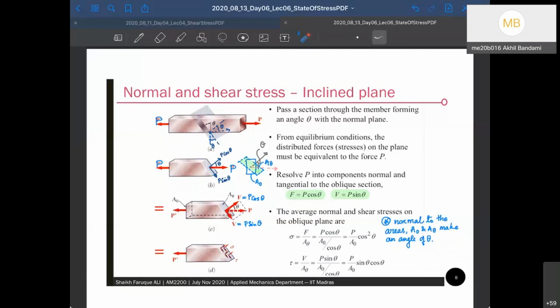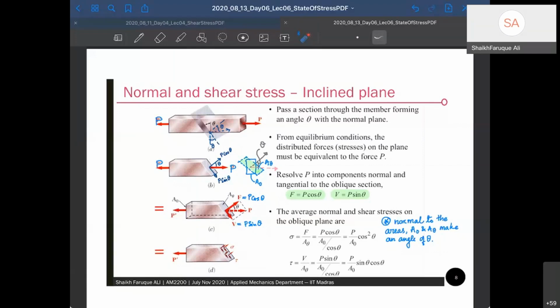Akhil, it might decrease, it might increase. We'll talk about this. In some cases it will decrease, in some cases it will increase, based on what angle of inclination you are taking. It will be more clear in the next class when we do stress transformations, at what angles it will increase and at what angles it will decrease. But yes, it can have both effects, increase and decrease.